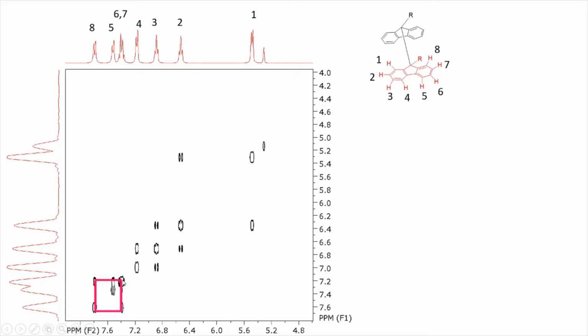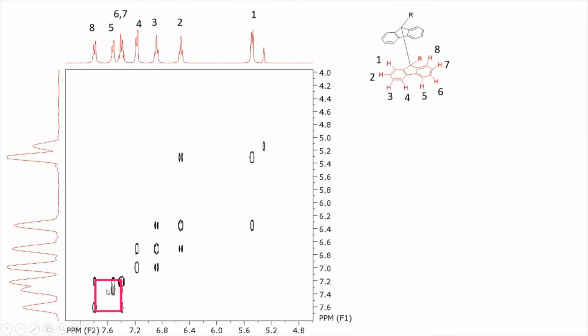That's why you can think this is 6 and 7, and this is 5, so 6 is connecting with 7, and also 7, same position, is connecting with 8 because of 3 bond away coupling.